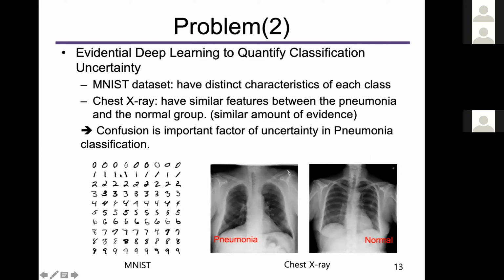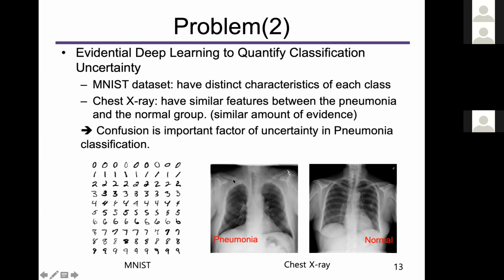And this is more critical for our cases, because in MNIST data, as you can see, all classes are pretty different. Let's say number 8 and number 3 are similar, but any other classes look very different. But in our case, the left example is pneumonia and the right example is a healthy person, and it's really hard to recognize where and what the difference is.